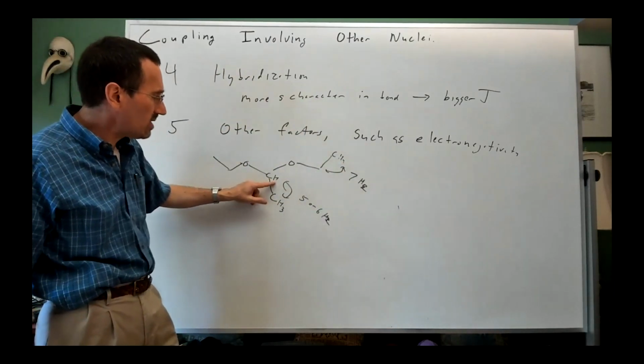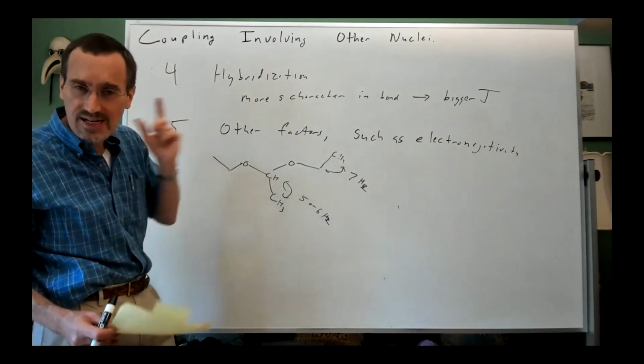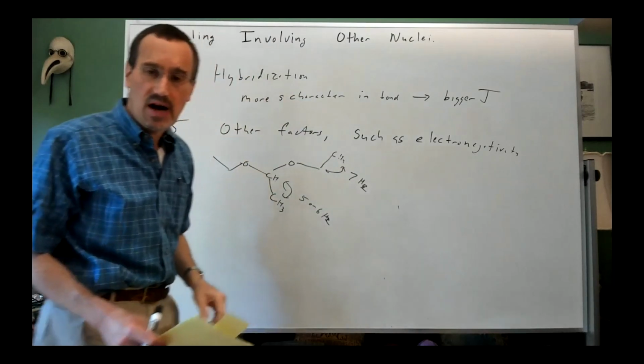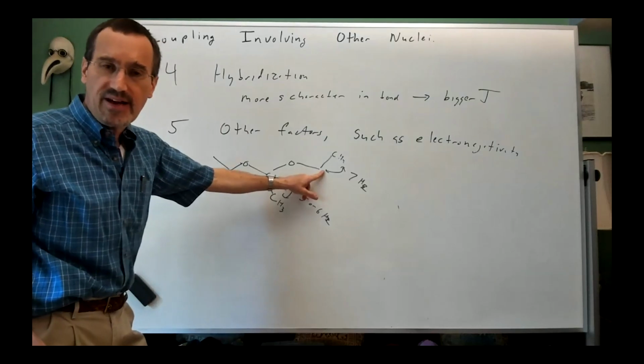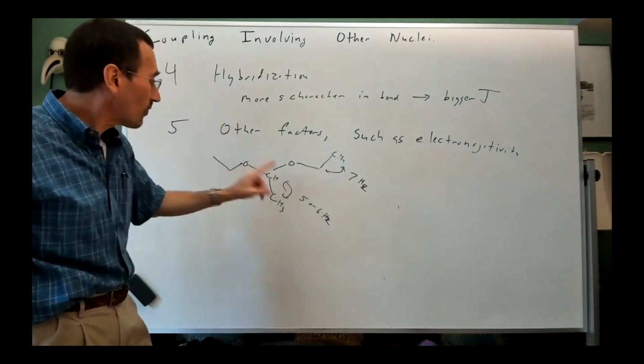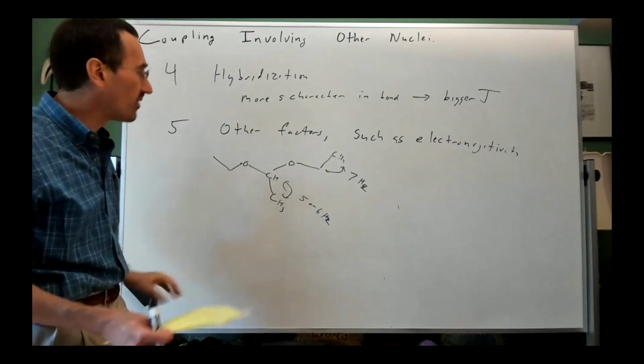And then you look at this quartet and you say, oh, that seems to be a little smaller. It's just this little thing in the back of your mind. A single electronegative atom is not going to have a big effect on J, at least for oxygen, but by the time you have 2, it can have an effect.